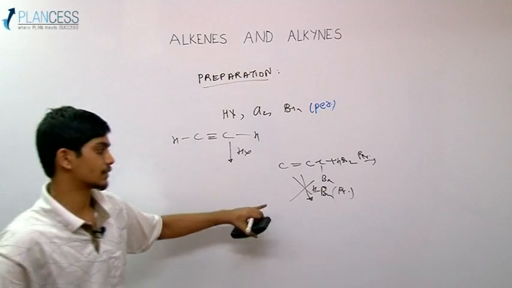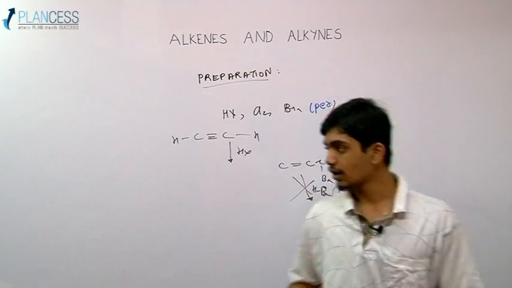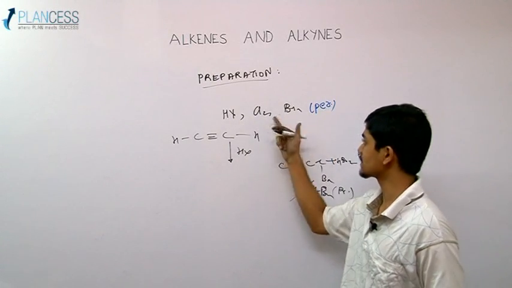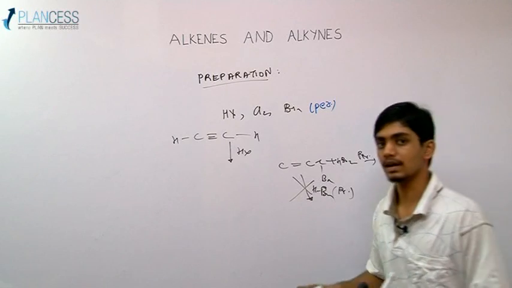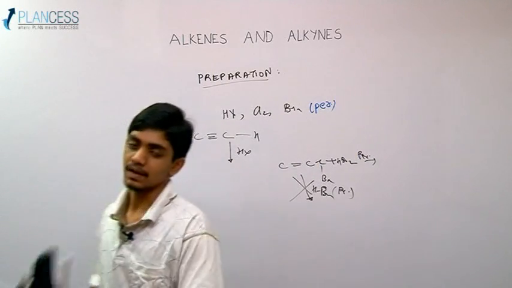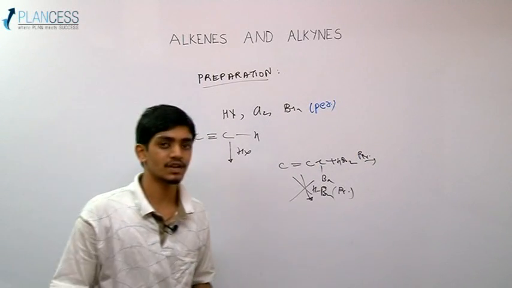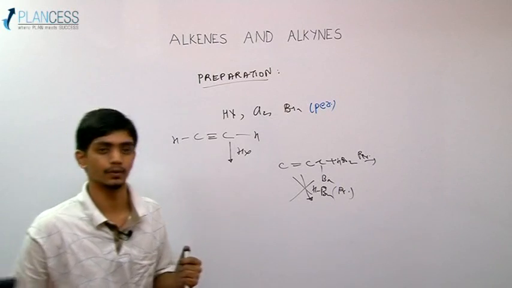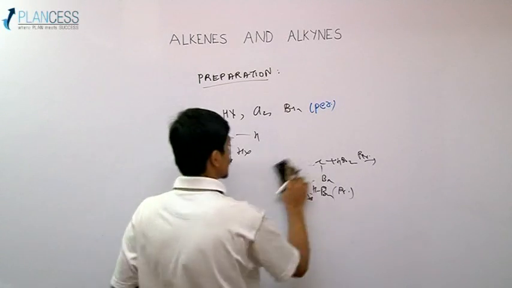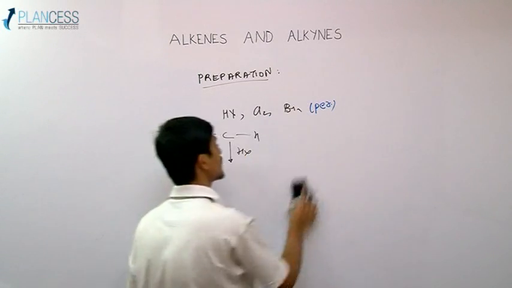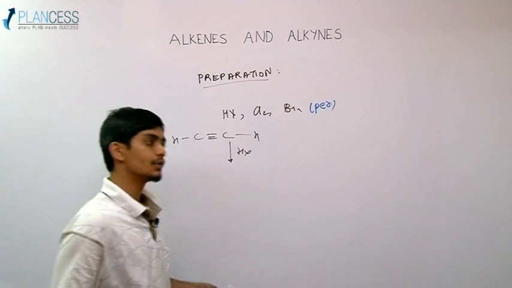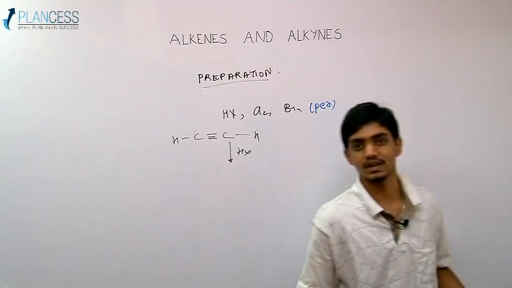This is the only difference between alkenes and alkynes, or between the reaction with HX, Cl2, Br2 normally and HBr with peroxide. That HBr with peroxide is only one step, second step it will not go. Fine, job is done. We have discussed the addition reactions.